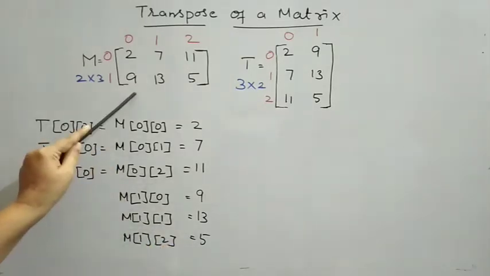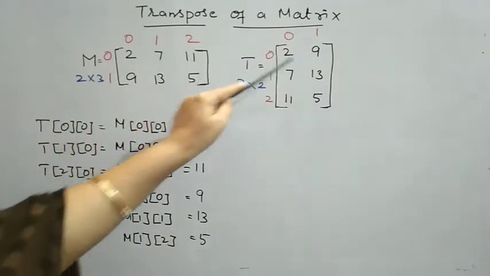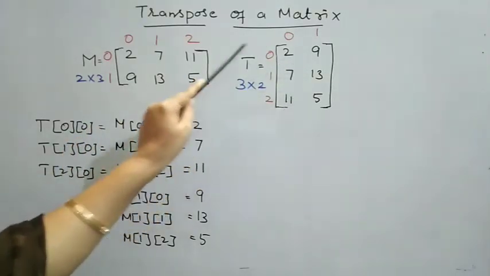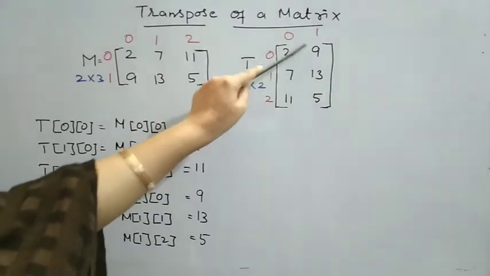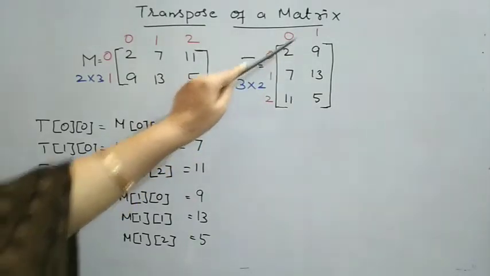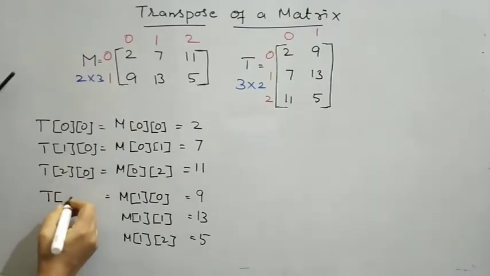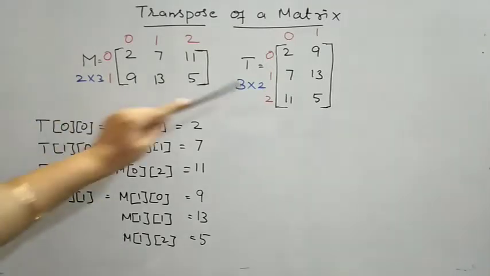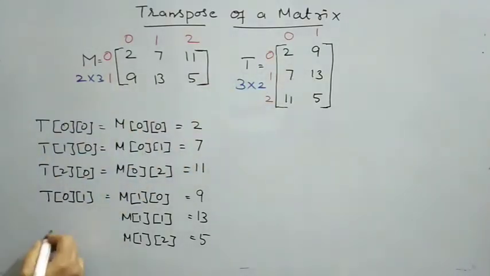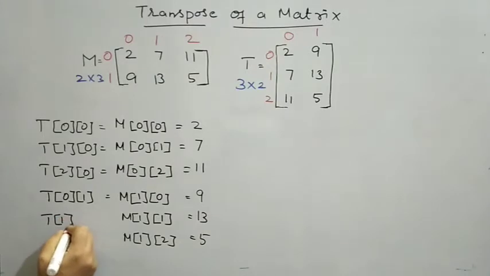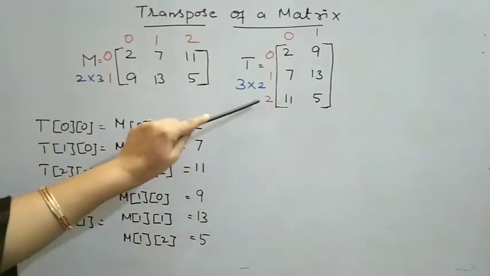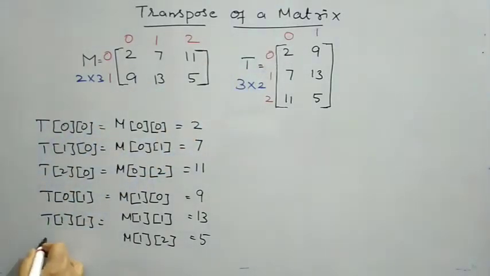So the elements in the second row are transposed into the elements in the second column of this transpose matrix. Take 9. 9 is in the index position of 0 of 1 in the transpose matrix T. Then 13 is transposed into the index position of 1 of 1, and then 5 is transposed into the index position of 2 of 1, that is T of 2 of 1.